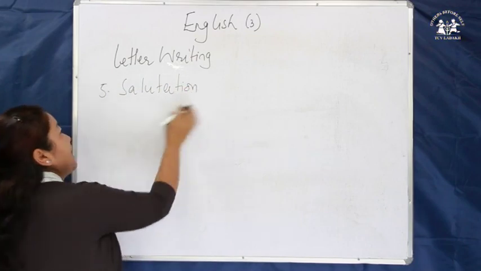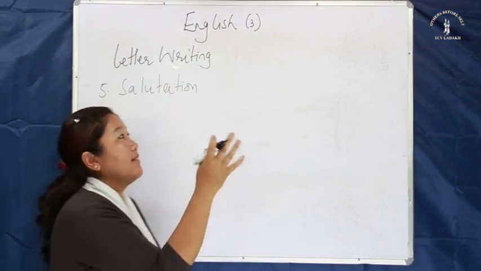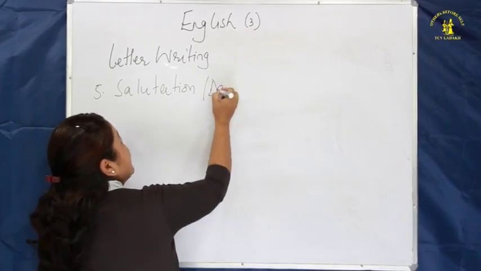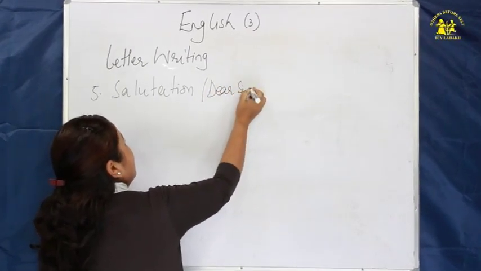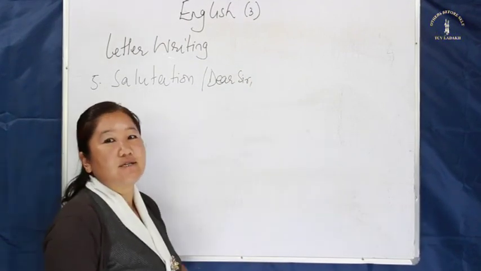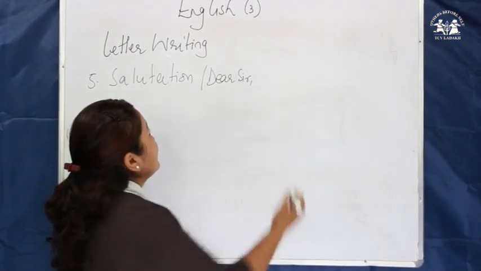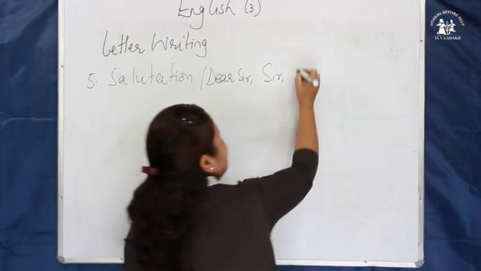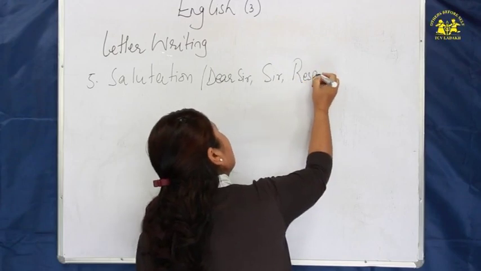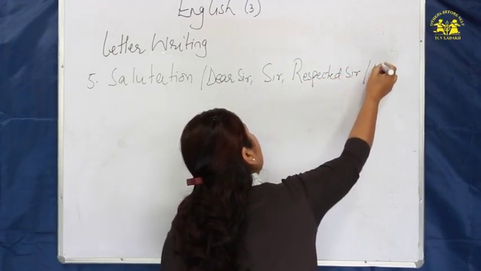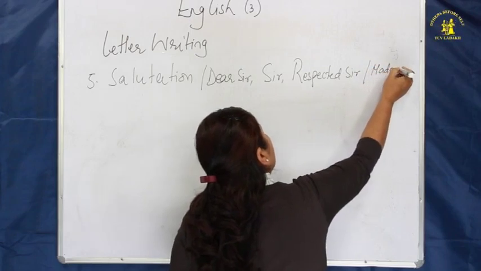Okay. This also has different ways of writing. If you know the boss, some people write dear, and then you have a comma over here, applying British English. And then there are some who simply write sir. You can also write respected sir. And if you're not very sure, then respected sir or madam.